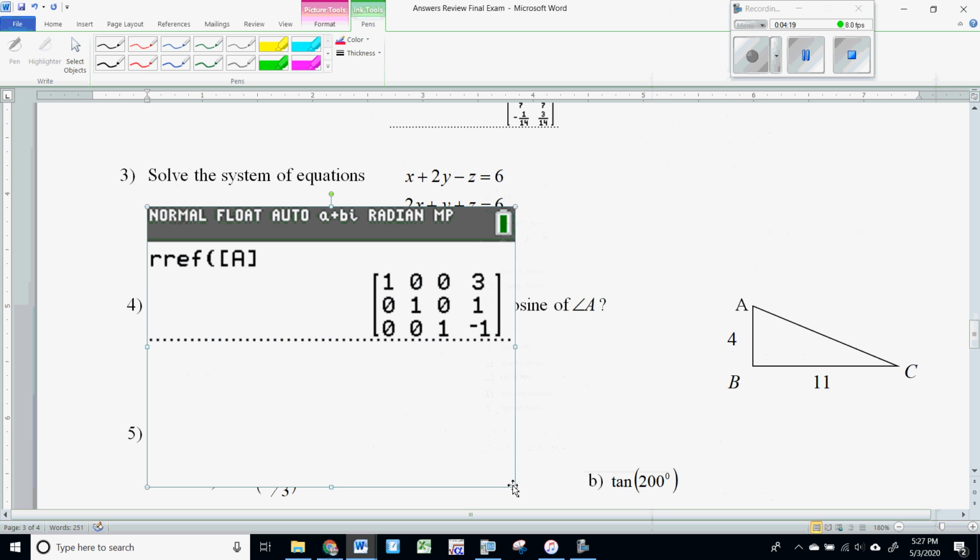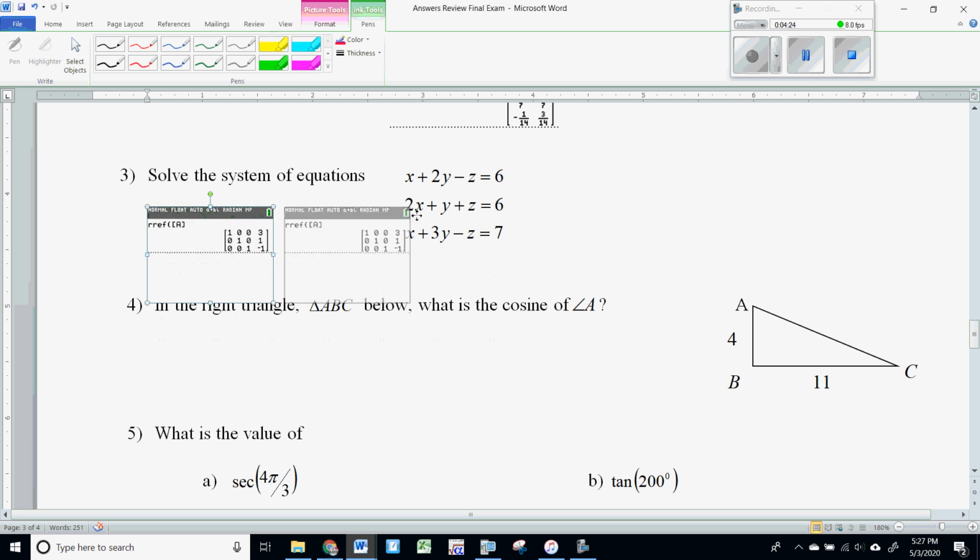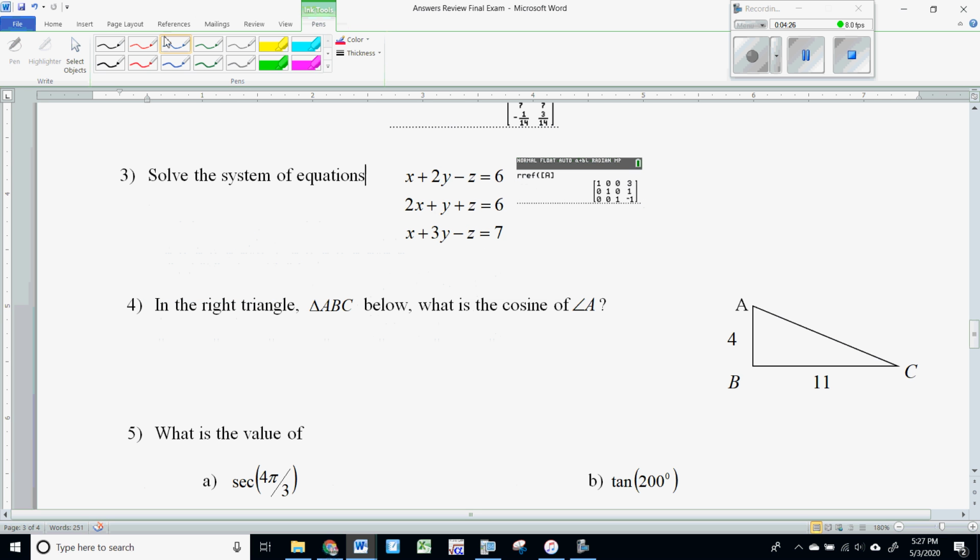Let's put it into that RREF mode. So from there, we know that our answers are going to be that our x is 3, our y is 1, and our z is -1.